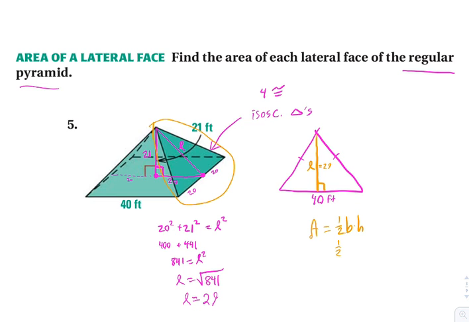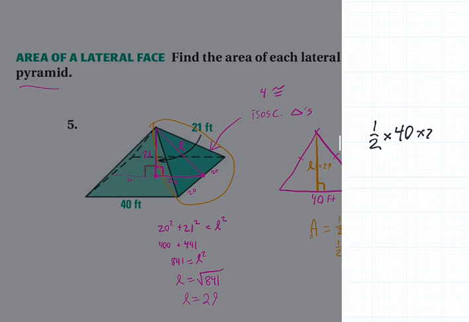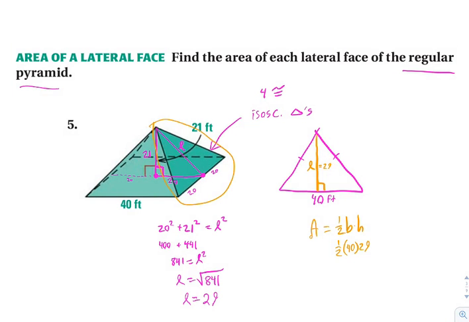So we get 1/2 times 40 times 29. That's 580. So the area of each triangle is 580, so that'd be 580 here, 580 here, 580 here, 580 here.